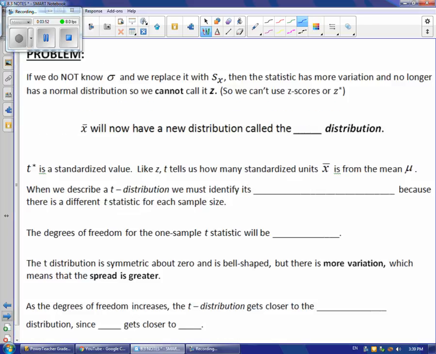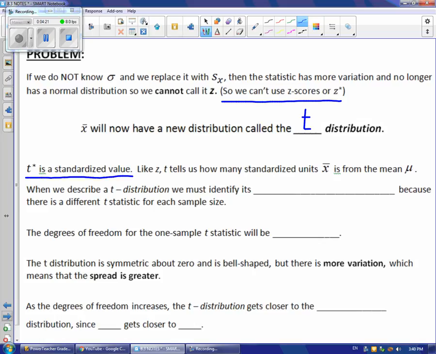Okay, but if we do not know sigma and we replace it with Sx, then our statistic has more variation and no longer has a normal distribution. So we can't call it z, and we cannot use z-scores or z-star. So now x̄ will have a new distribution called the t-distribution. T-star is going to be our new standardized value, like z-star.